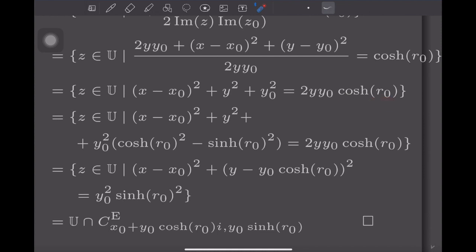So I force it. And how do I force it? Using some identity that involves cosine of r naught squared. Which identity? Well, I know the basic identity that this is equal to 1. So this 1, I rewrite it like this.